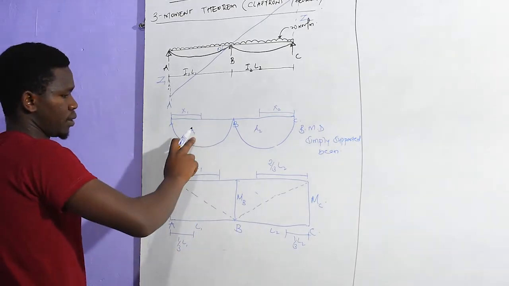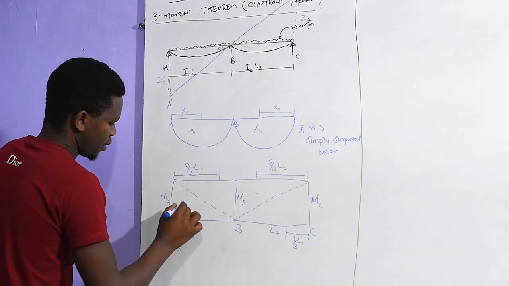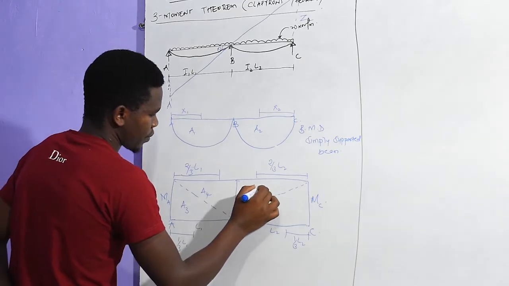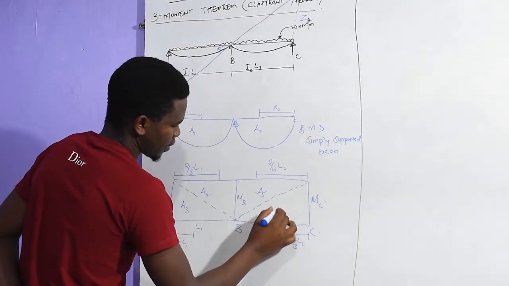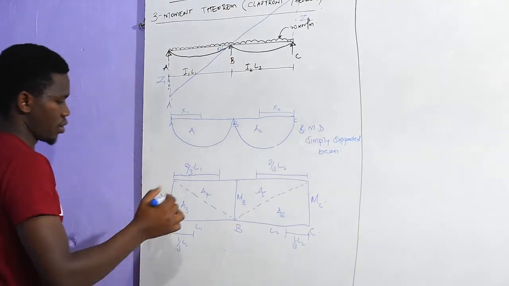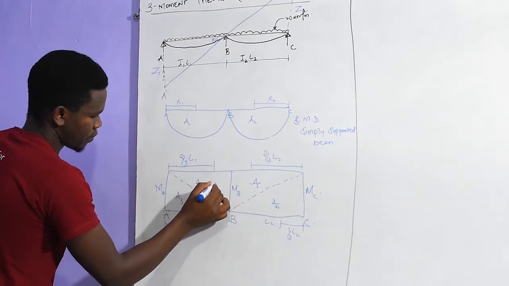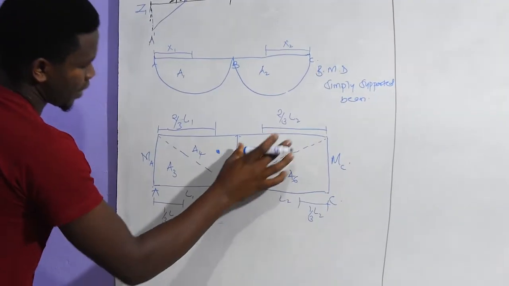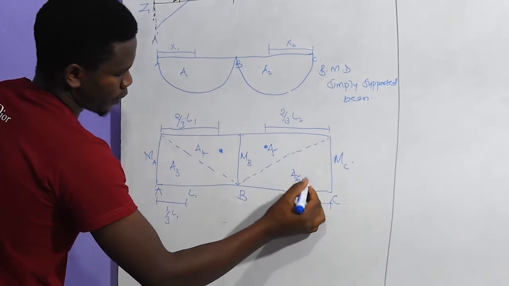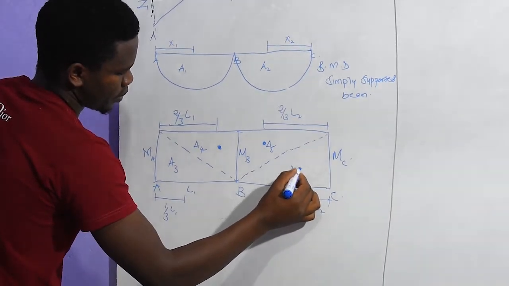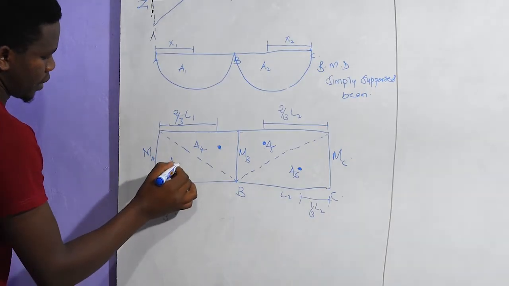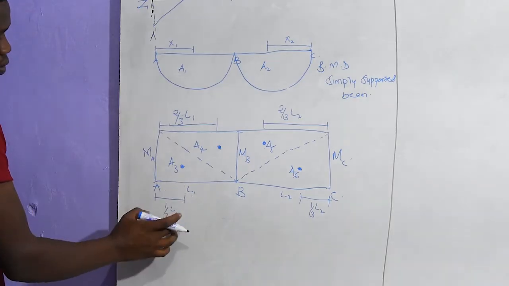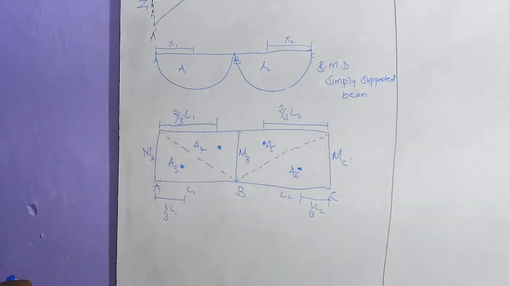This was area 1, area 2, call this one area 3, area 4, this is area 5, and this is area 6. For the centroid of this one, we locate a point there. Remember, this is a triangle. So the centroid is a third of the total length AB, like so.